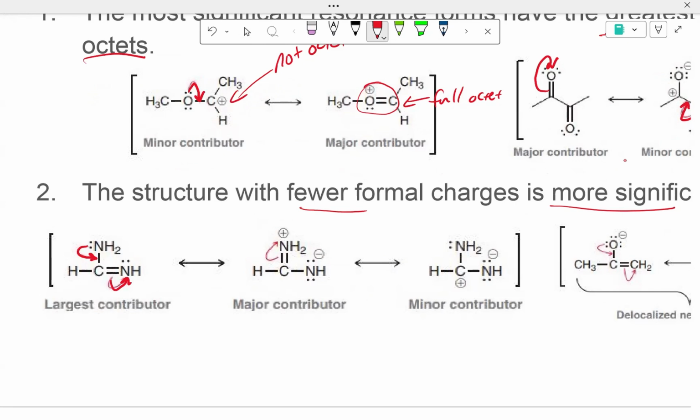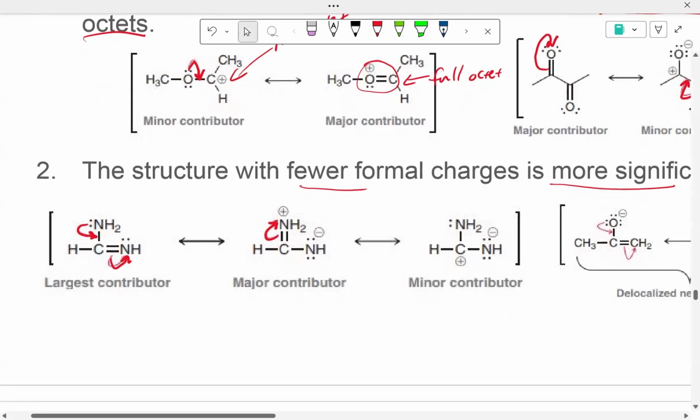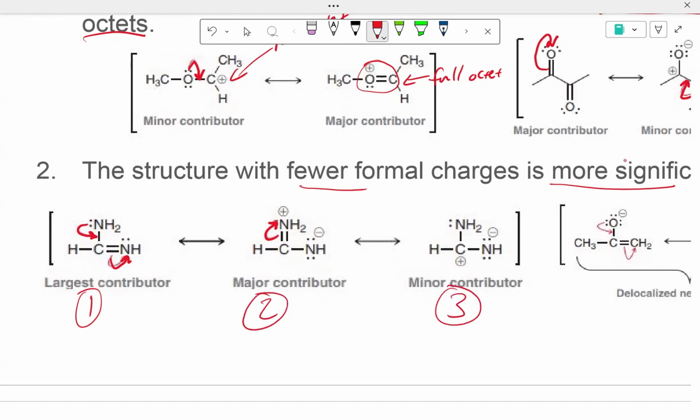And then the middle one, I can move these here. And then we get the third resonance form. Now, if you look at these, they're ranked. This one's the biggest contributor, then this one, and then this one contributes the least. Now, why is that? Well, number one is the largest contributor because it has no charges and everything has a full octet.